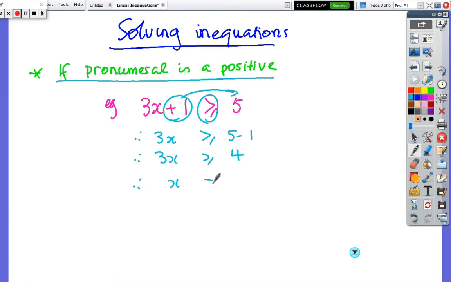And then just divide through. Now x is positive, so there's no problem. 0, it's not to scale, there's 4/3, and it's an equal sign, so we colour it in, and it's greater than, so we head to the right. Okay, so that's that one. Copy that and come across.